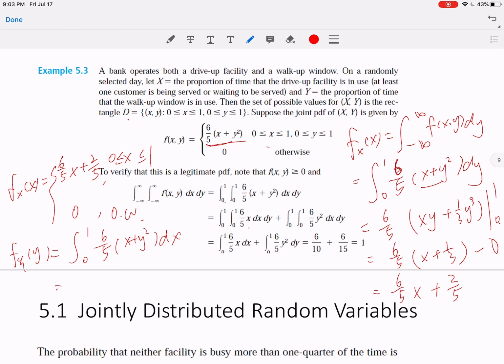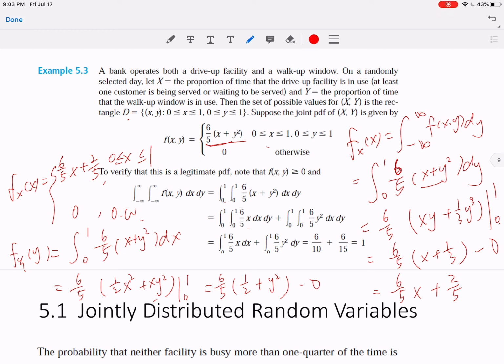That would be equal to 6 over 5 times the integral of x with respect to x, which is 1/2 x squared plus x y squared, because if we integrate with respect to x, we just consider y squared as a constant. And then from 0 to 1. We plug the 1 back in for x, so it's 6 over 5 times (1/2 plus y squared), and then minus 0, of course, because if we plug 0 back in for x, it's going to be 0.